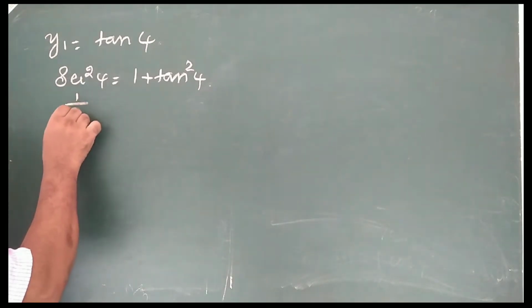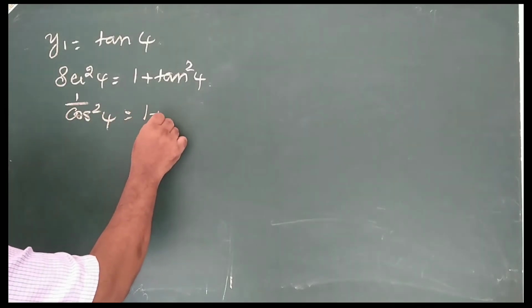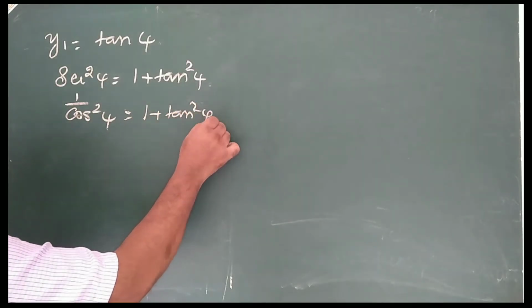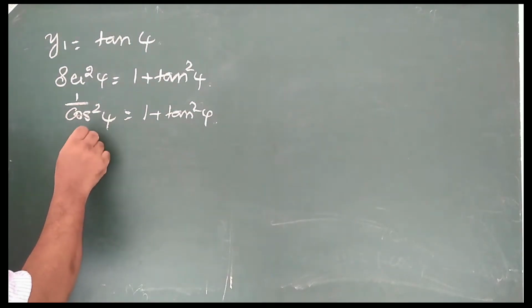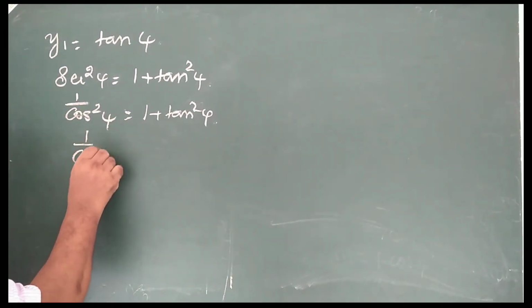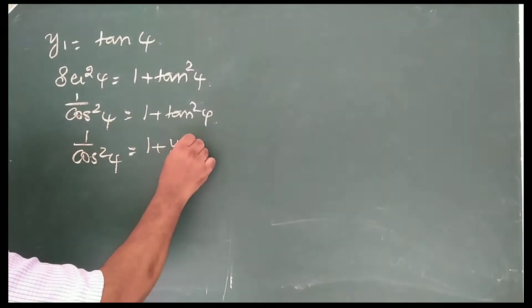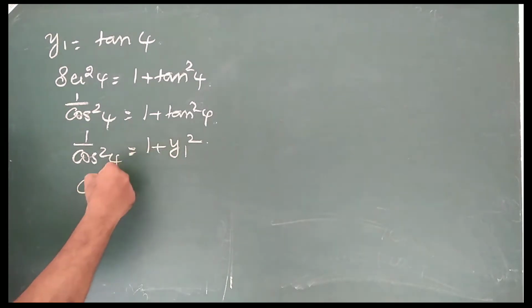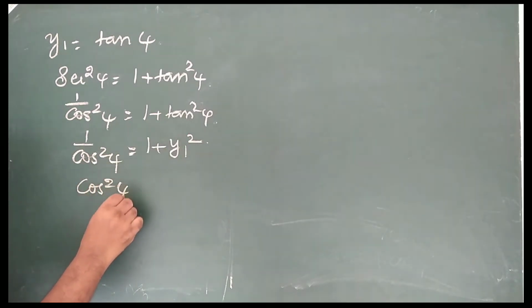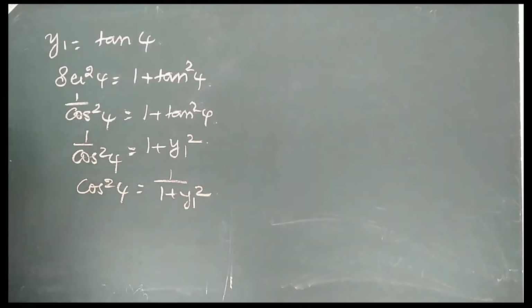That is 1 by cos square psi equal to 1 plus tan square psi. So that is 1 by cos square psi equal to 1 plus y1 square, where y1 means dy by dx. So by cross multiplication, cos square psi equal to 1 by 1 plus y1 square.